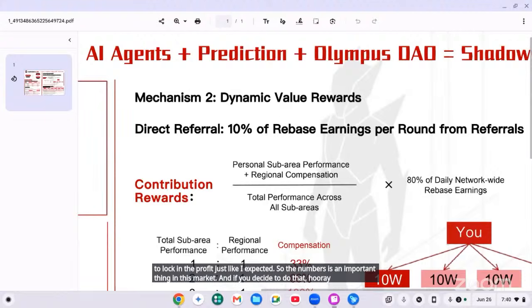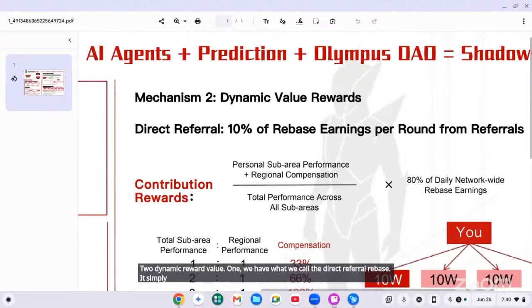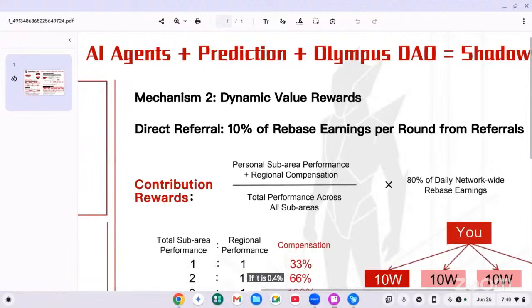The community says there are two ways we reward you for helping build the community: two dynamic reward values. One, we have what we call the direct referral rebates. It simply means that for those you personally invited, each time our rebase happens every 12 hours, if it is 0.4% we are earning, it comes in 12 hours.